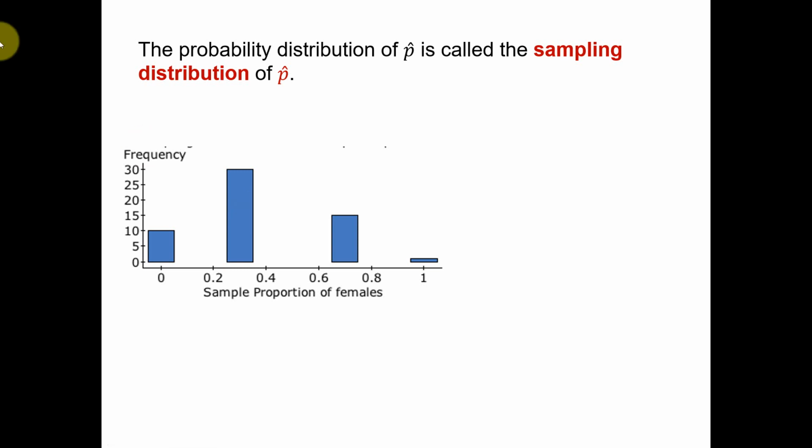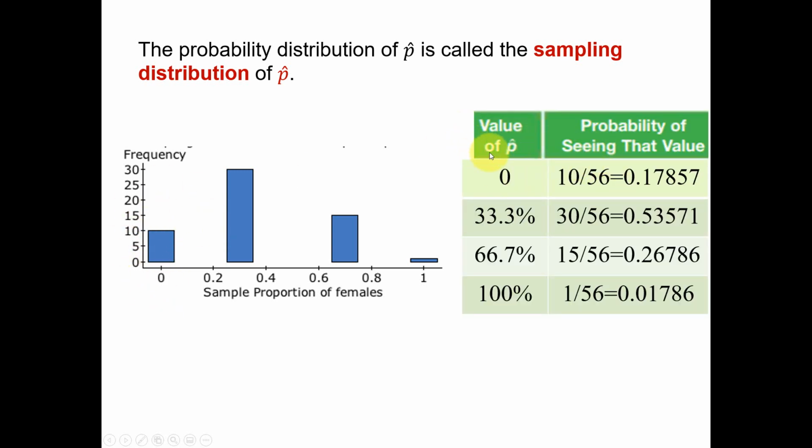The probability distribution of P hat is called the sampling distribution of P hat, and from our example, we have 10 out of 56 where we had a subcommittee of 0 females, while we have 30 out of 56, you can see it right here.